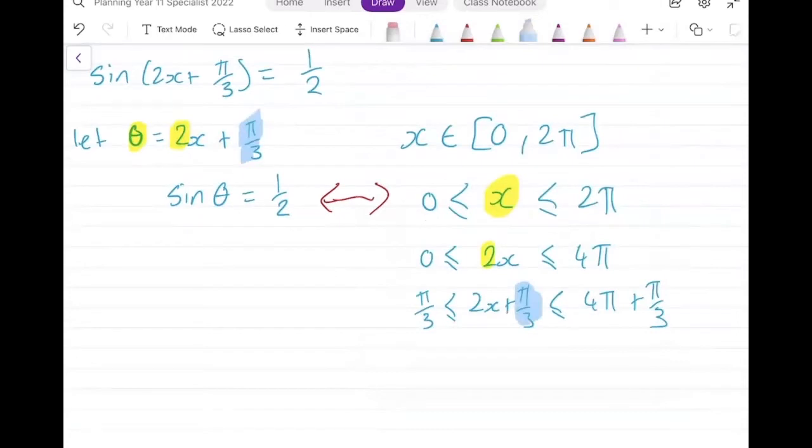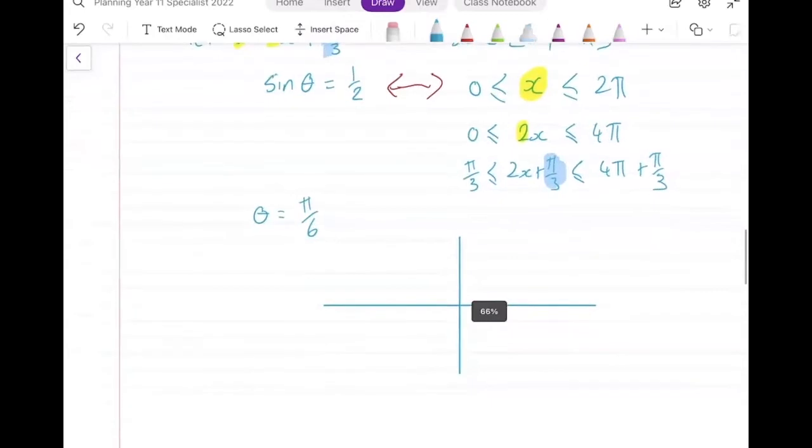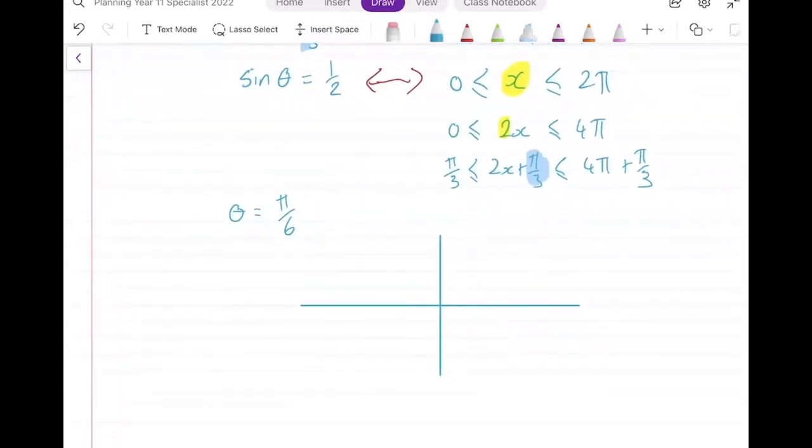So that means now when I have a look at trying to solve my equation, sine theta is equal to 1/2, I know that one of my values for theta is going to be pi/6. That's just based on my triangle. Sine of pi/6 is equal to 1/2. If I look at this in the context of my unit circle, if I draw myself a set of axes and think about pi/6, then if it's sine, there are 2 places where that's positive.